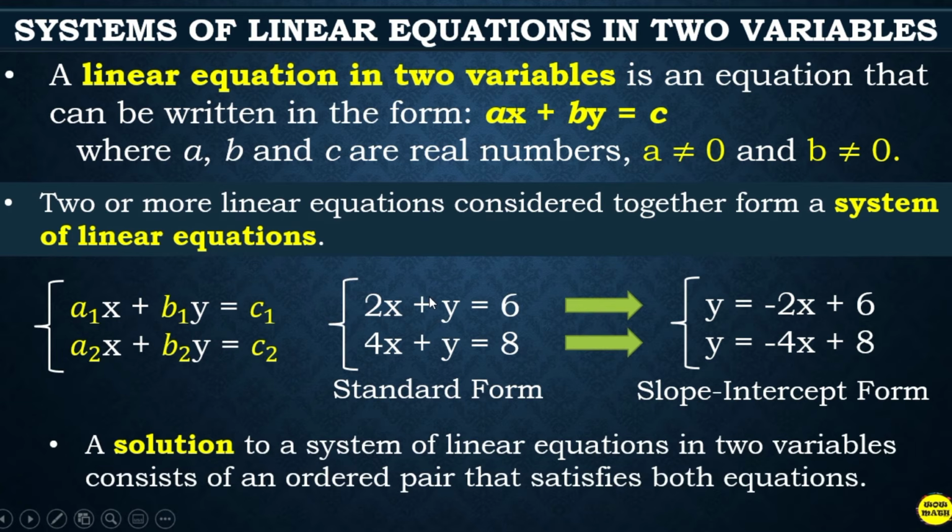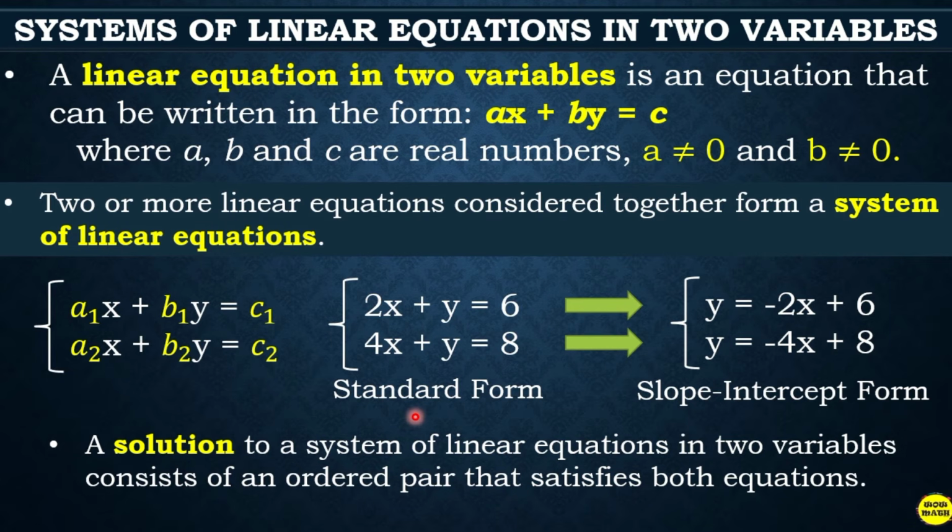Now, a solution to a system of linear equations in two variables consists of an ordered pair that satisfies both equations. Kung i-recall natin yung pagkuha ng solution ng linear equations, ang daming process. We can make use of the intercept, the slope-intercept, ang daming pwedeng gamitin para makuha natin yung ordered pair which is the solution to a linear equation.